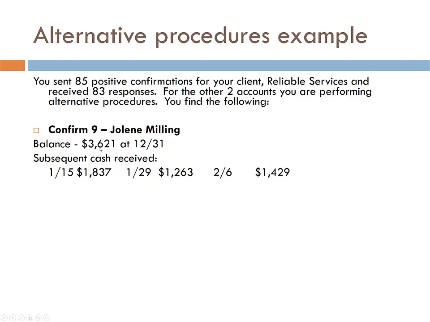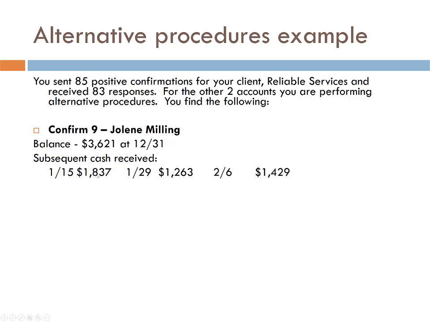And so now you see one of the problems. At least I hope you see one of the problems. In order for us to confirm a balance at 12/31, we're going to have to, first of all, identify every single invoice that makes up this $3,621. It could be multiple invoices that sum to 3621. And now we're going to have to match it to the individual invoices that these cash receipts relate to.